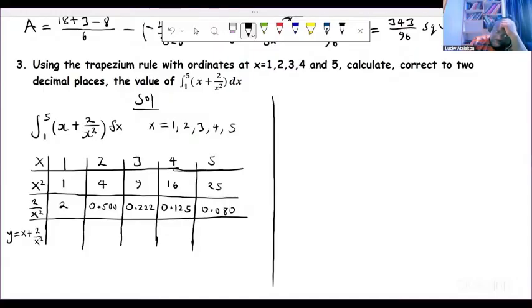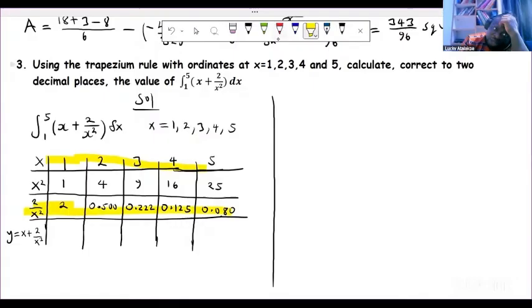Okay, good. Then now we have to add the both together. X plus 2 over x squared. So the two results here is what we're adding. In x, then this.